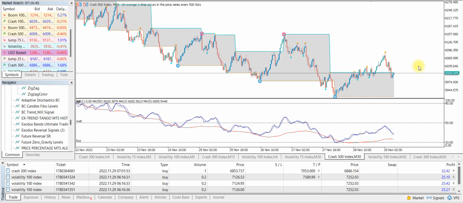So that is the reason why he suggested that it should be used only on synthetic and not on normal indices. So understand that. If you are going to use it on indices, you should know the news that you are going to have, every piece of information that can impact the market, which is the fundamental, and put them aside, because the indicator will not be able to help you in the area of fundamental. It will only help you in the area of technical.